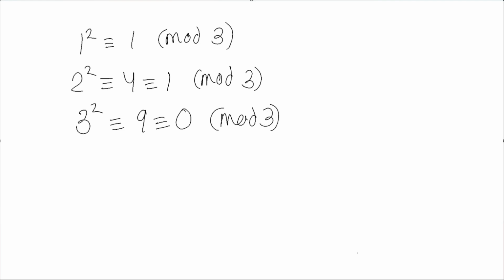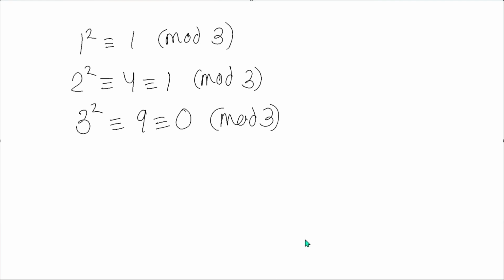So our list of perfect squares modulo 3 is 1, 1, 0. Or if you start with 0, it becomes 0, 1, 1. Where did the number 2 go? As it turns out, the only residues which perfect squares can cover mod 3 are just 0 and 1. 2 is never a perfect square modulo 3.